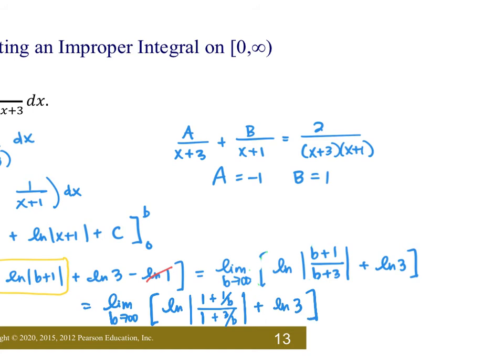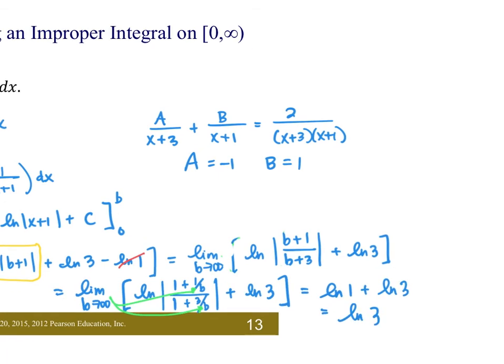Now you can plug your infinity in. So we'll plug in infinity here and here, which is going to give me 0 in both cases. So I end up with the natural log of 1 plus the natural log of 3. And we know the natural log of 1 is 0. So the answer is the natural log of 3.